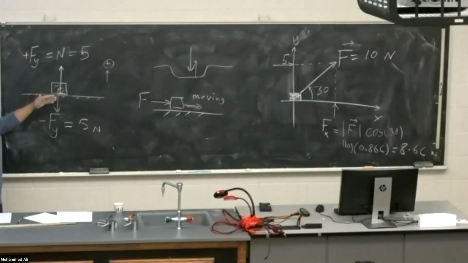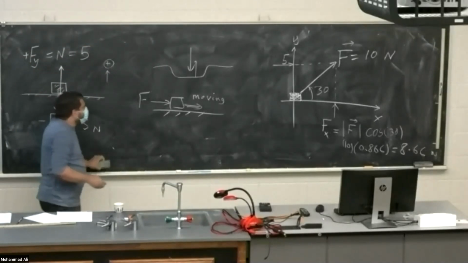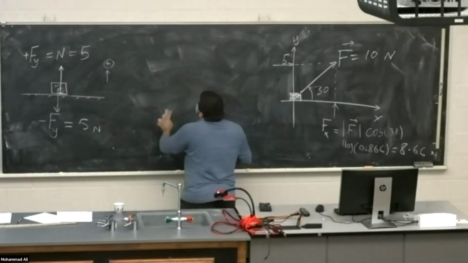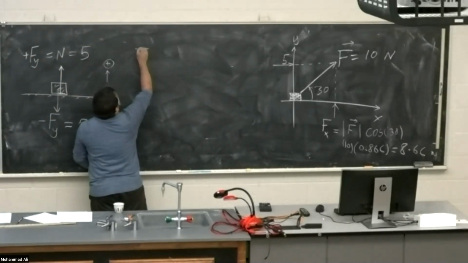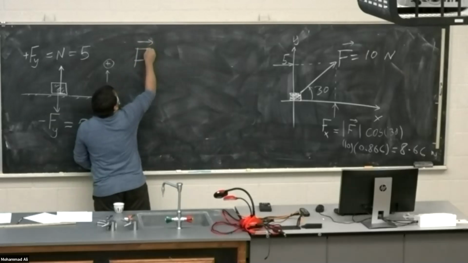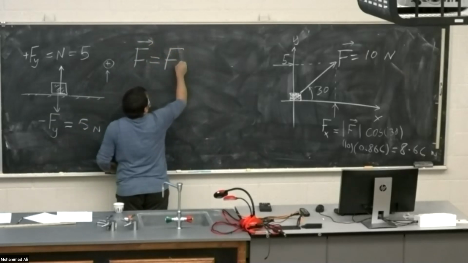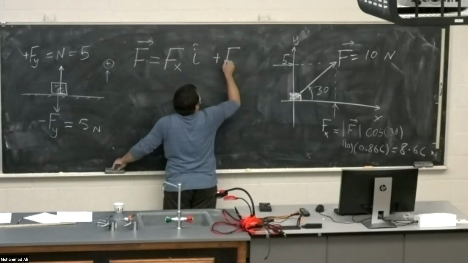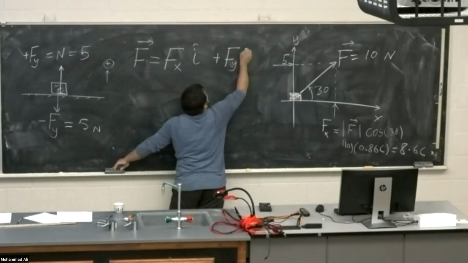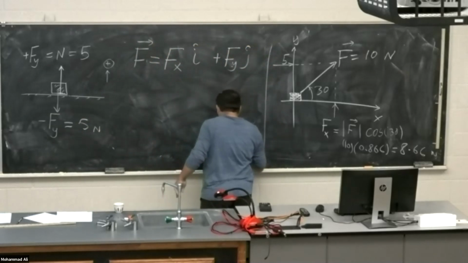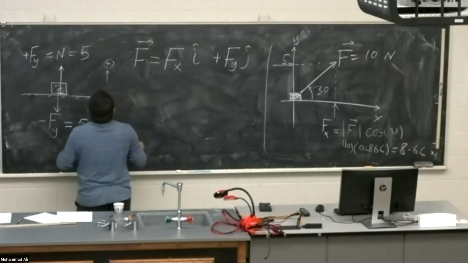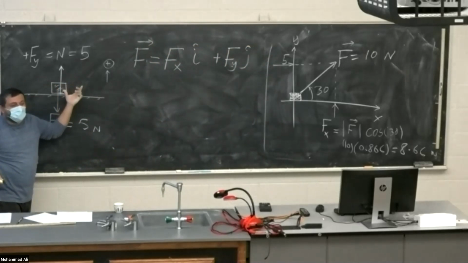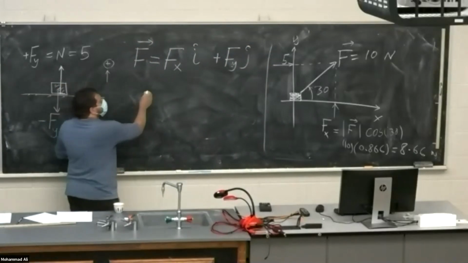If the forces are the same, now I need to start understanding my system. I have the force as a vector equal to Fx in I direction plus Fy in J direction. It is simple, we know that. How much is Fx? This is X. Do I have any forces in X direction? No, I don't have.